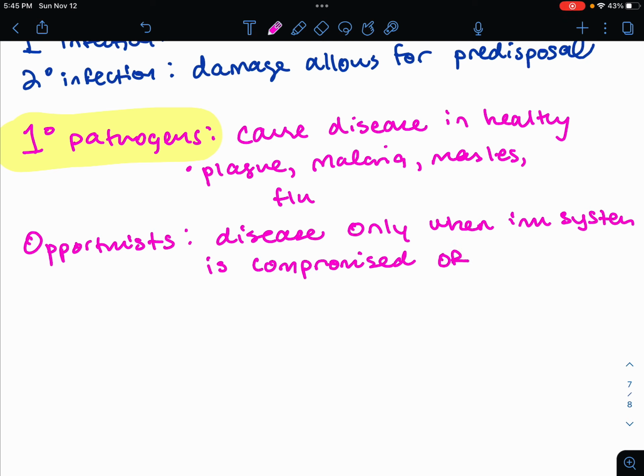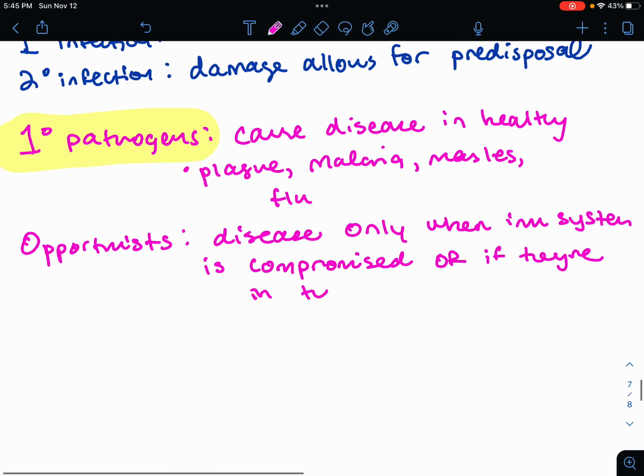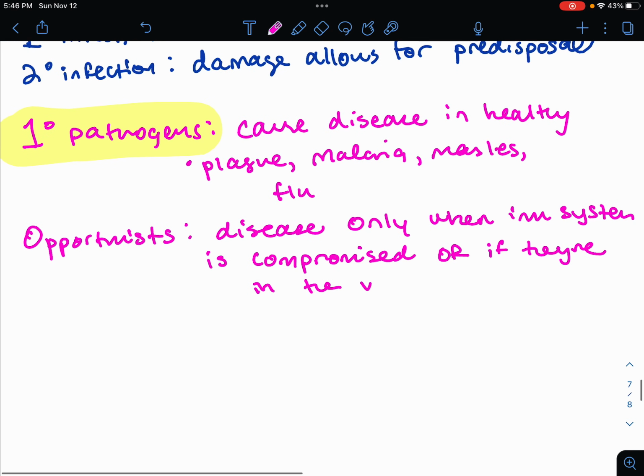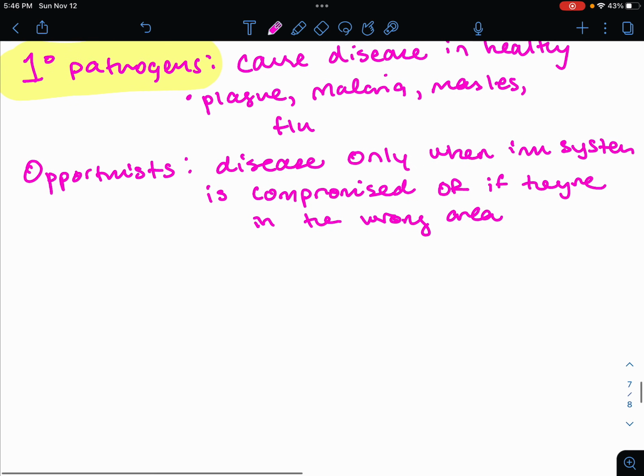Or if they're in the wrong spot or wrong area. So, for example, would be Pseudomonas.